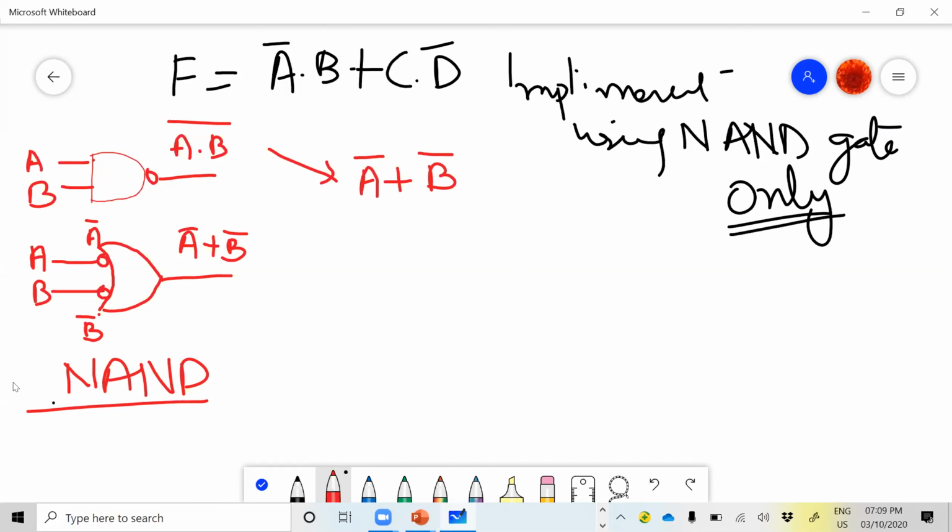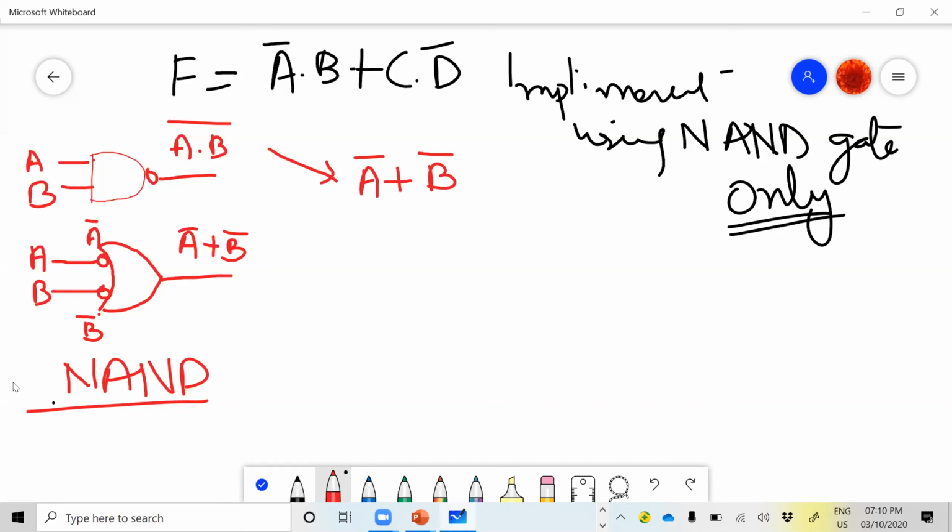Now the point is why I explained this to you, girls: these two representations will help you a lot when implementing any function with NAND. See the first one.